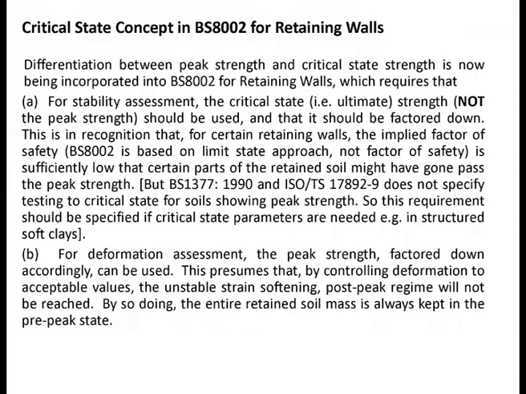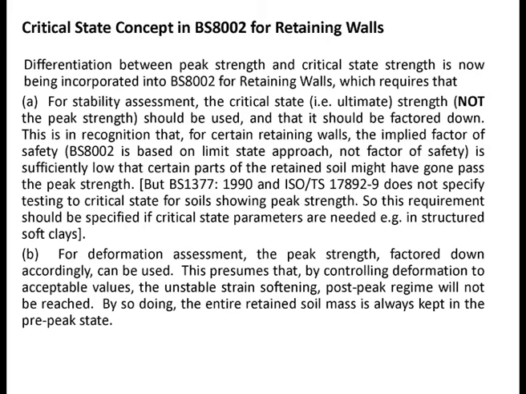And this is in recognition of the fact that the implied factor of safety based on the limit state approach is sufficiently low that certain parts of the soil must have gone past the peak strength. So they said the soil has actually gone past the peak strength, so you cannot use the peak strength, you should use the ultimate.